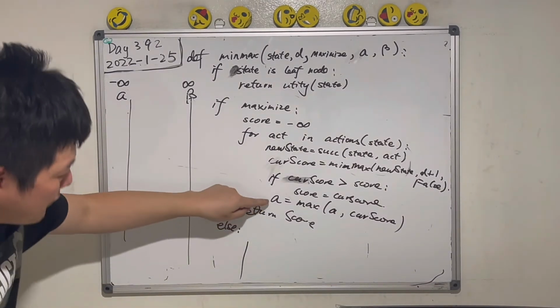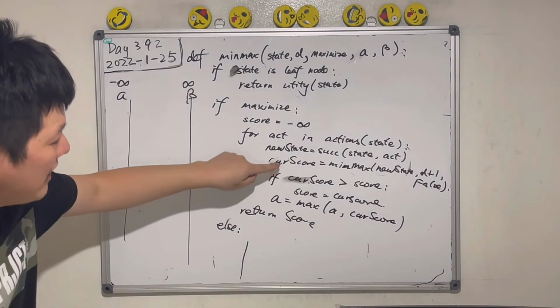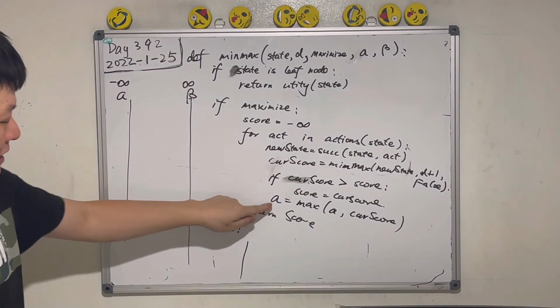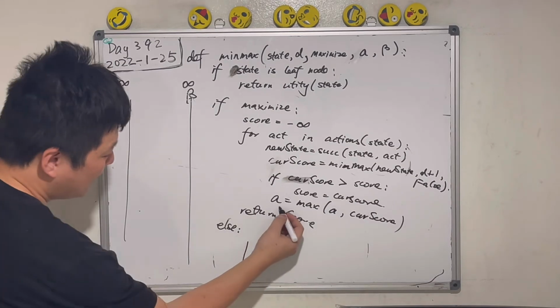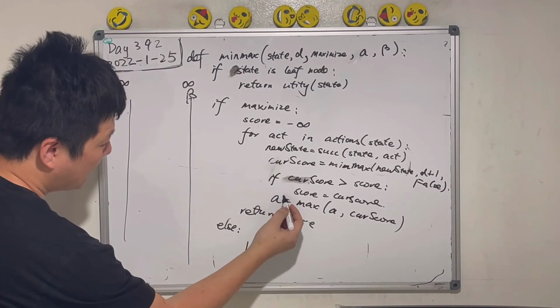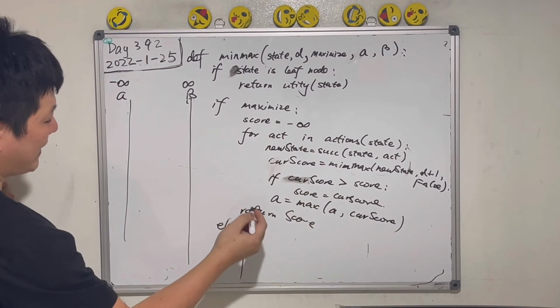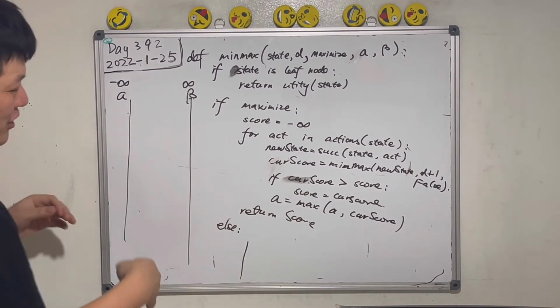The thing is that if we keep updating the alpha, and then the next one is smaller than the alpha, what does it mean? So I can say, if current score is smaller than alpha, then I can just quit it.